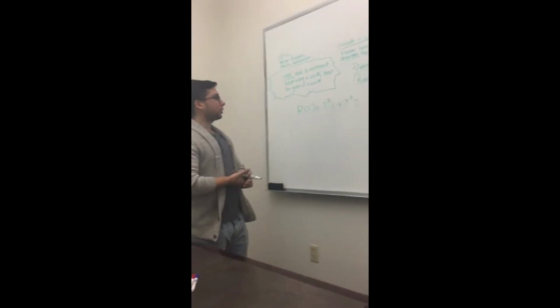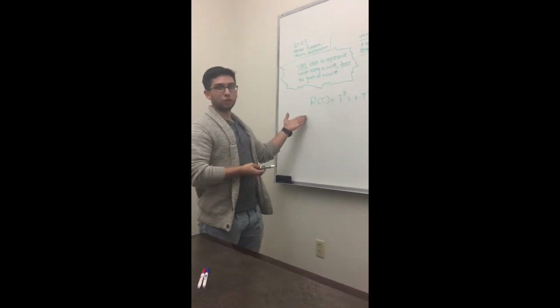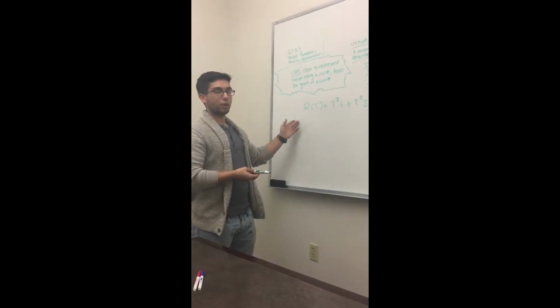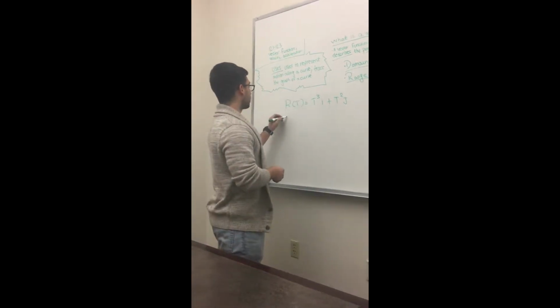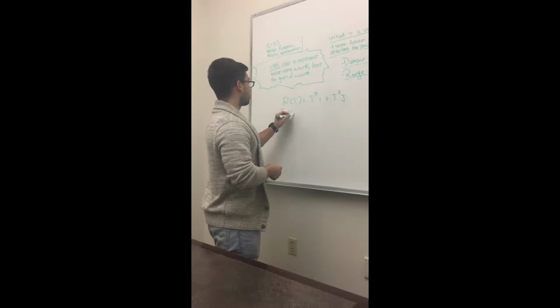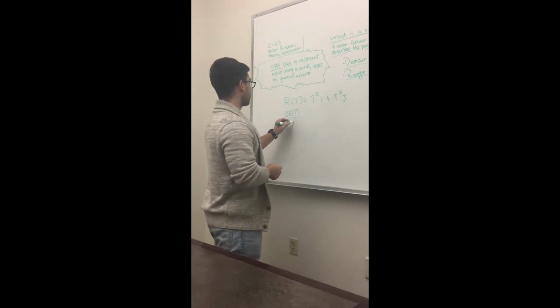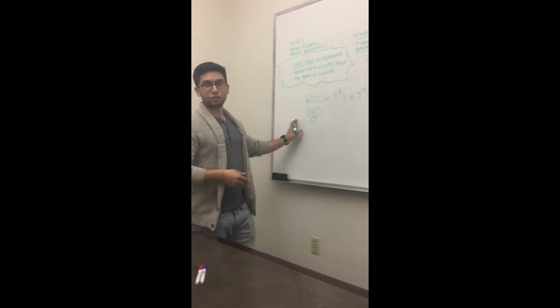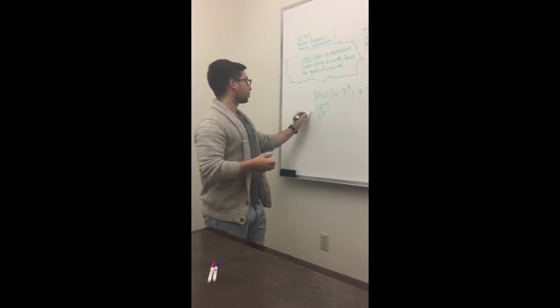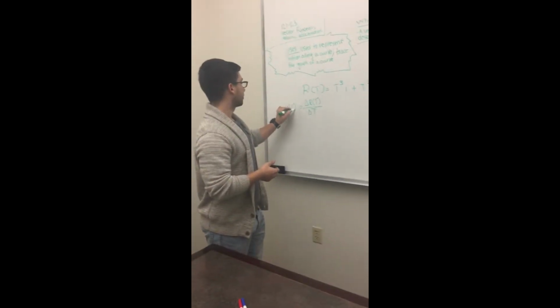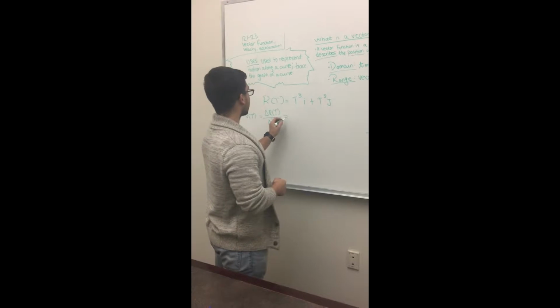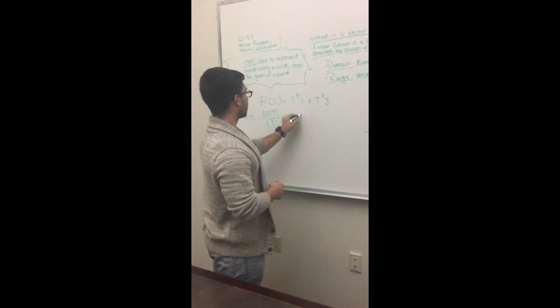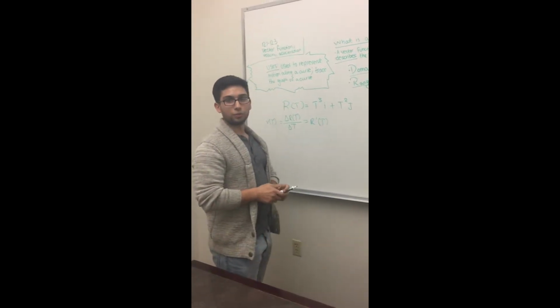Now, if we say that this vector function is our position on the curve, we know that when we have a change in our position over any given time, this is known as a rate of change. And the way we describe that rate of change is velocity. We can also say that velocity is the first derivative of our position function.